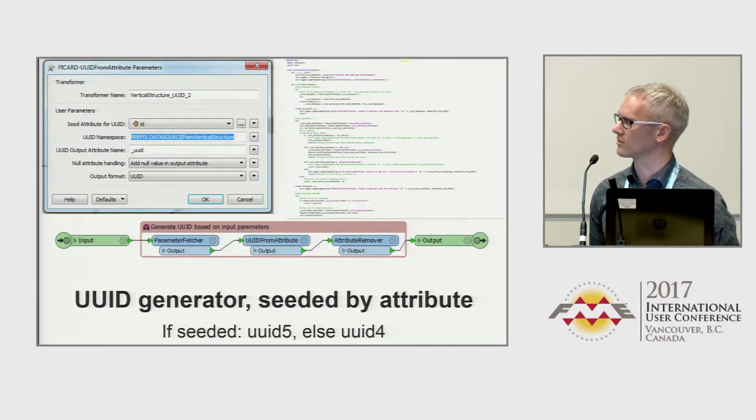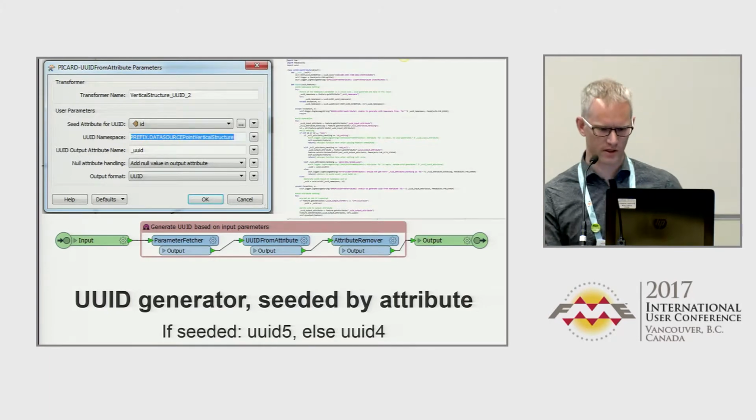We use custom transformers a lot for that. So far we have 6 or 7 custom transformers implemented in almost all the workspaces. And just the UUID generator, we seed it with the key from the feature, and we have a Python caller to wrap that up to make the UUIDs.